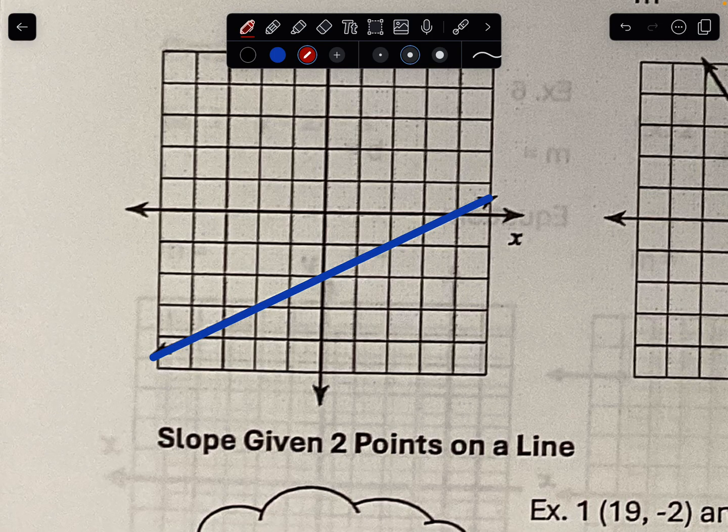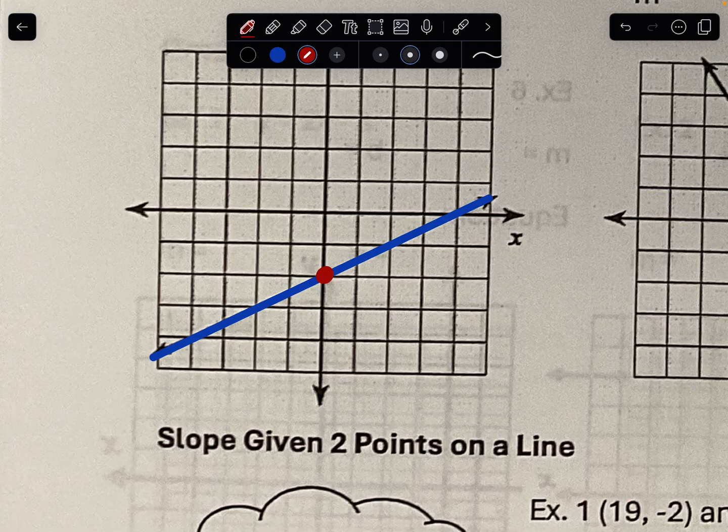But we need 2 exact ordered pairs on that blue line. -2, 0 would be located here. 0, -2, okay, I could live with that. That is a point on the line. Now give me one other ordered pair on the line.